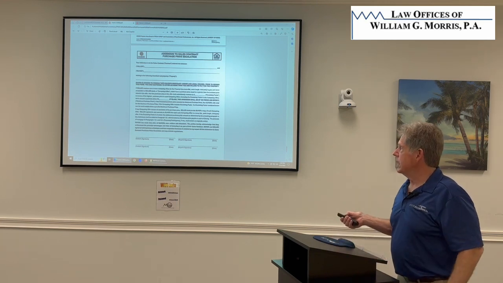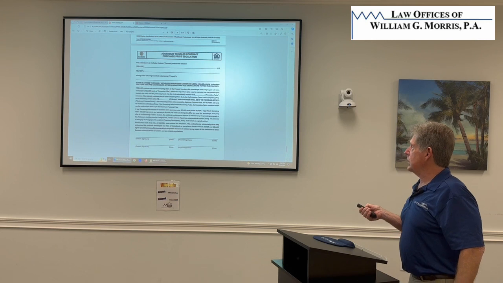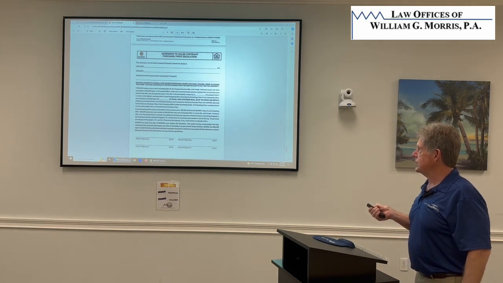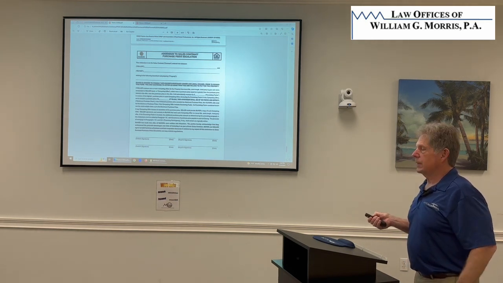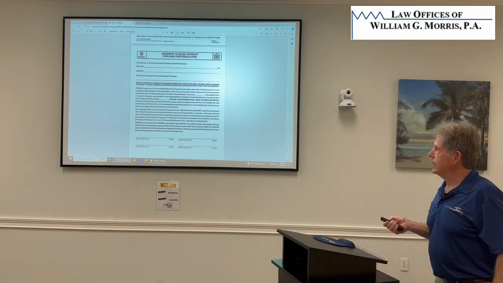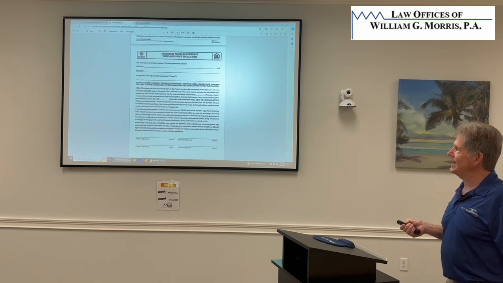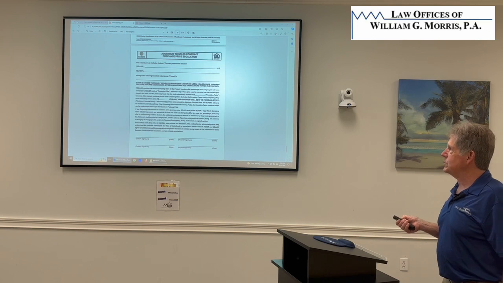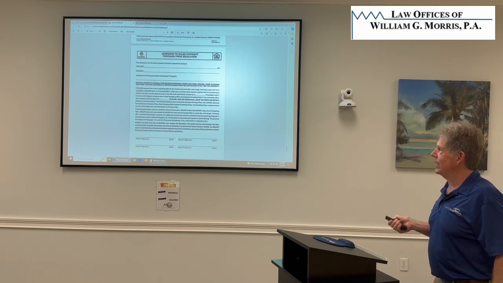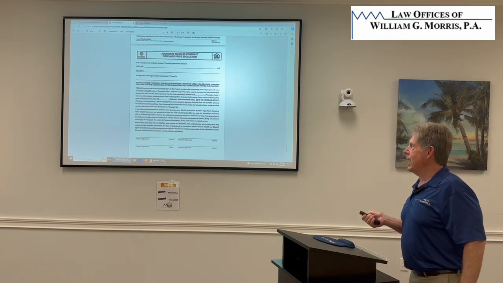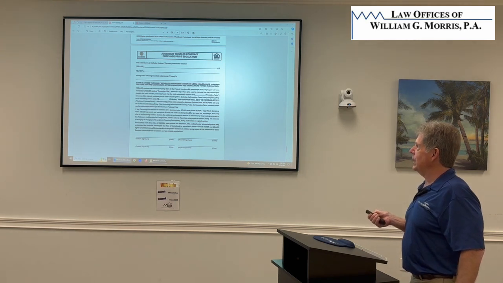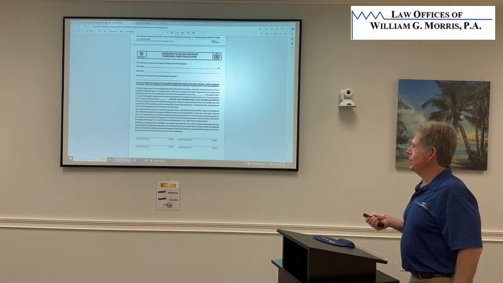So this says that if the seller receives one or more competing offers from bona fide arm's length third-party buyers, okay, we can always argue about that later on, which are acceptable to seller, which have a purchase price equal to or greater than the purchase price stated in this offer, the purchase price in this offer shall automatically increase by whatever the escalating factor is, in excess of the highest purchase price in such competing offers, not to exceed a purchase price of blank.